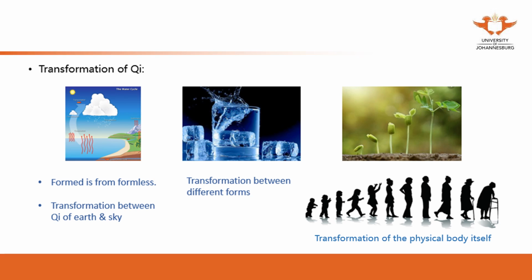These are all the results of the qi movement. Until now, we need to understand that the qi movement is very common. It's essential for all objects. Everything has the movement of the qi.